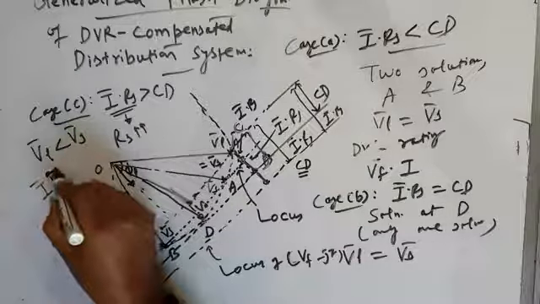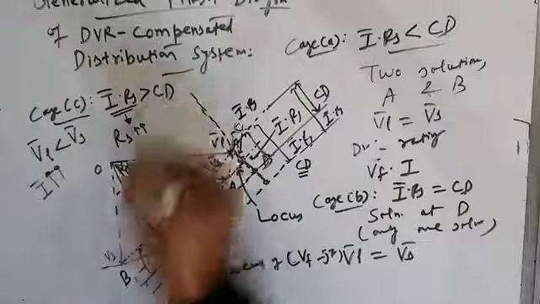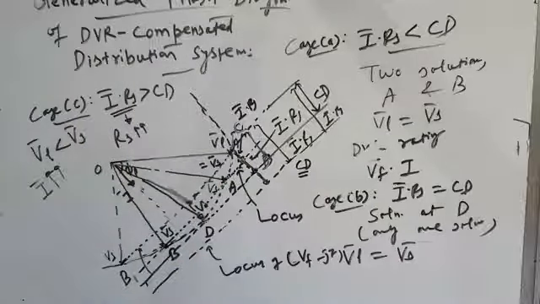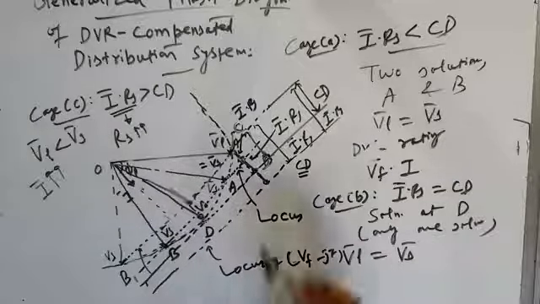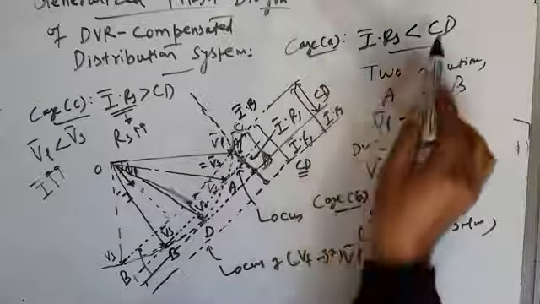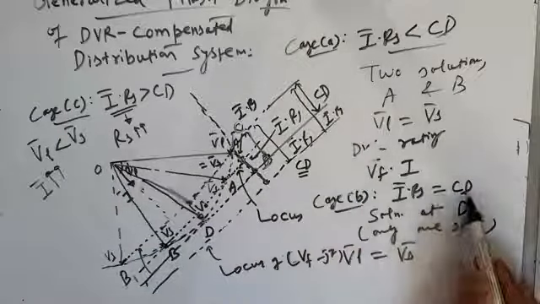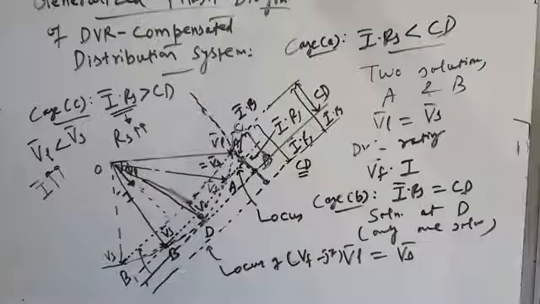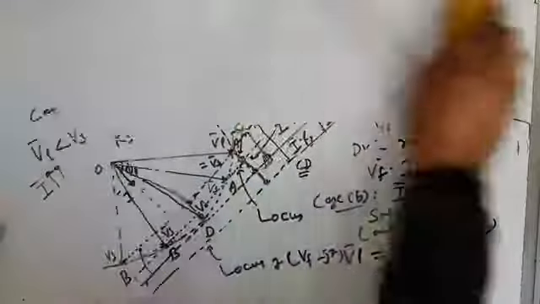Load current is so high that I into RS is greater than CD, and your DVR fails to regulate the load voltage. So these could be the two reasons. Therefore, for regulating the load voltage, your I into RS should be either less than CD or at the most equal to CD, but it should never be greater than CD.